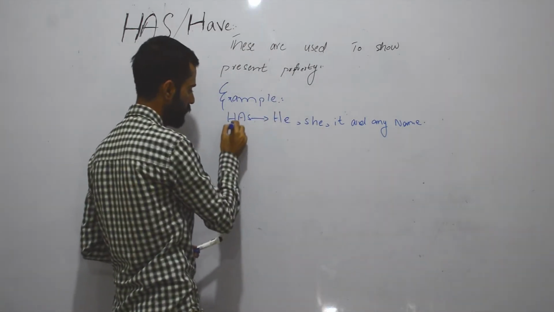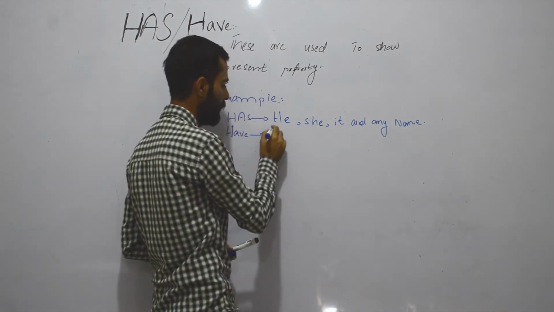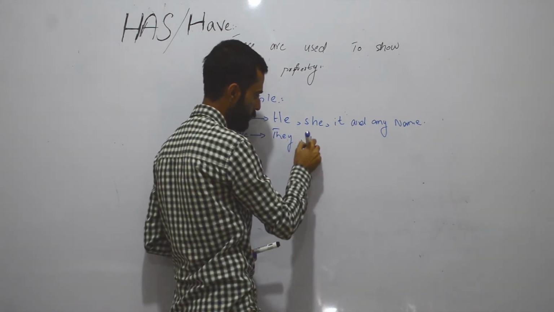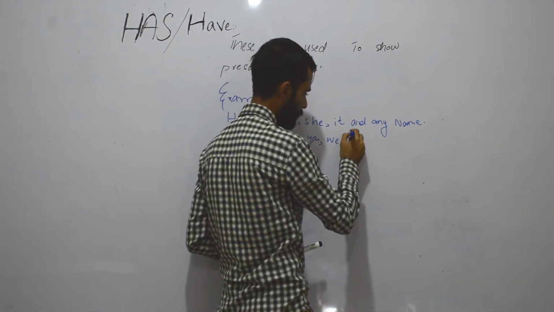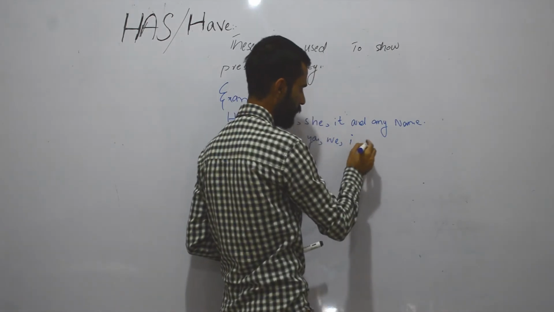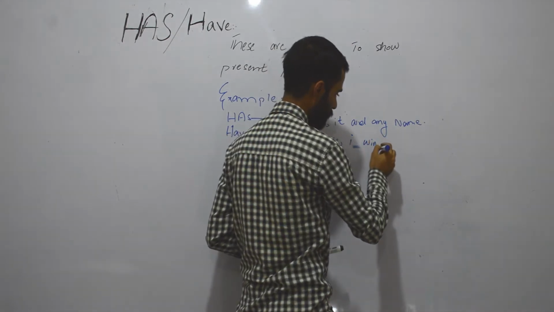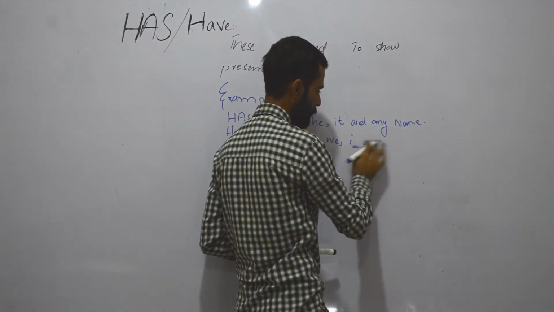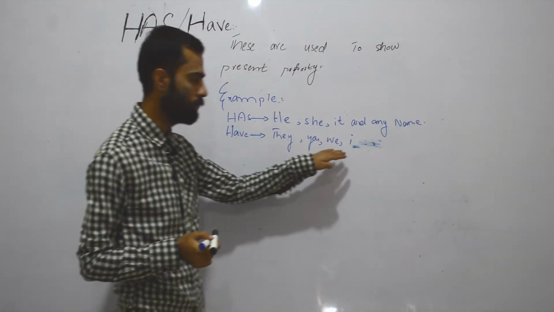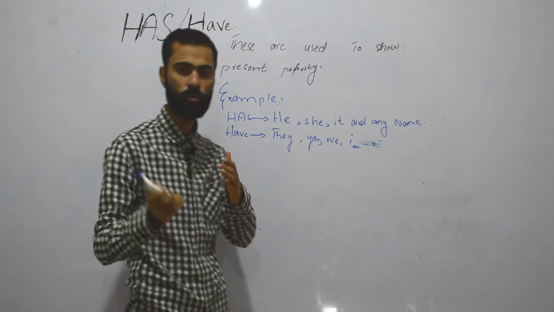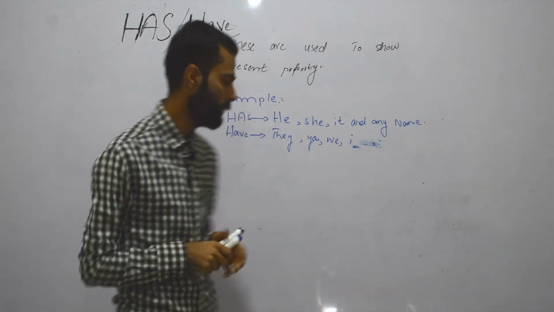Then have is used with plural pronouns: they, you, we, I, and with plural names. So have is used with plural pronouns they, you, we, and I, and has is used with singular pronouns like he, she, it, and with any name.